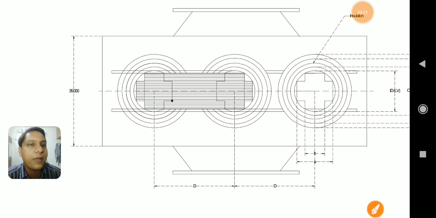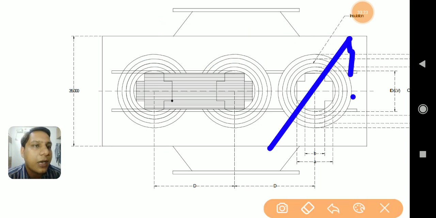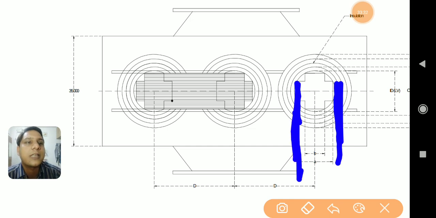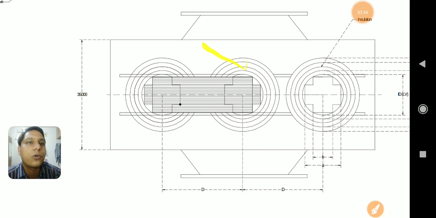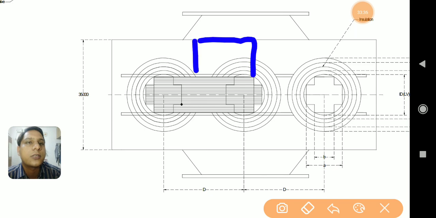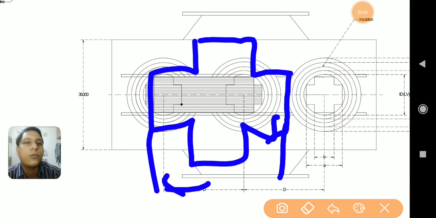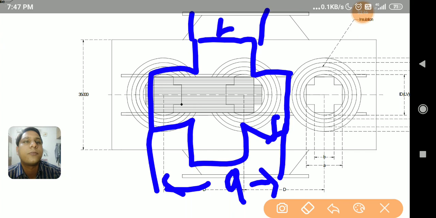We are all well familiar with this. If you look at this carefully, some parts are shown here. Like this part is this dimension of the core. The core, once again, you need to understand when I am drawing. This is the value which is represented by small a, and this small side is represented with small b.